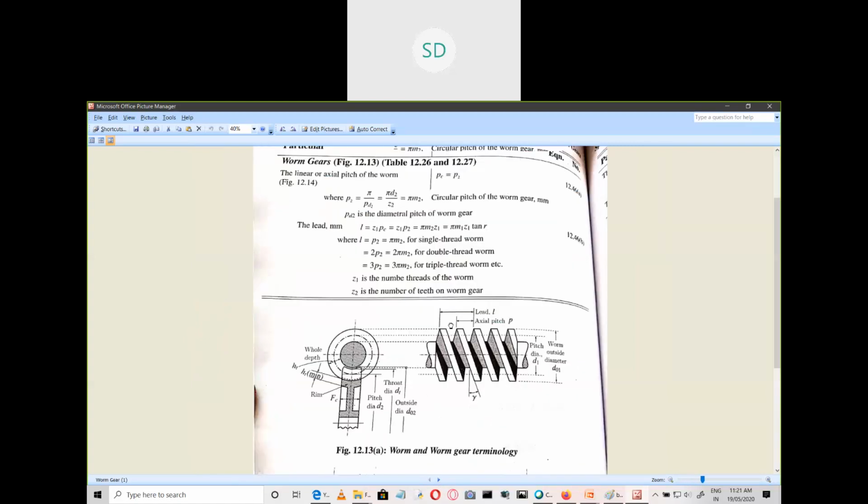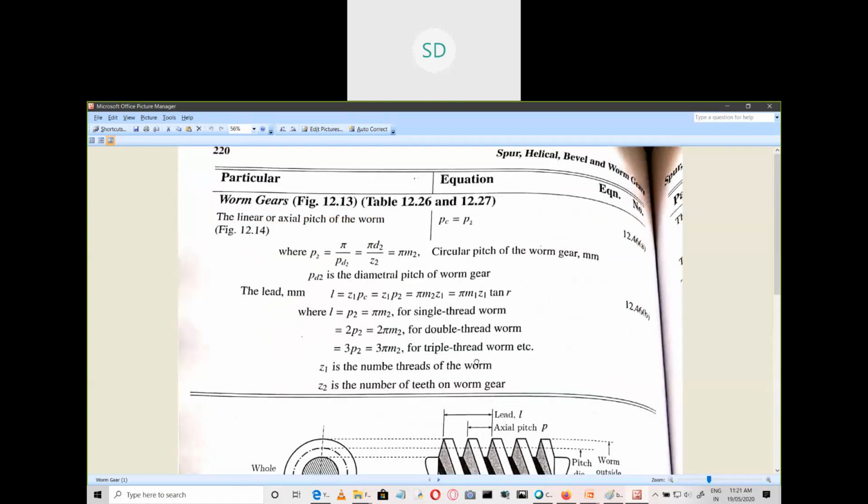If PD2 is the diametral pitch of the worm gear, Pn is the normal pitch.